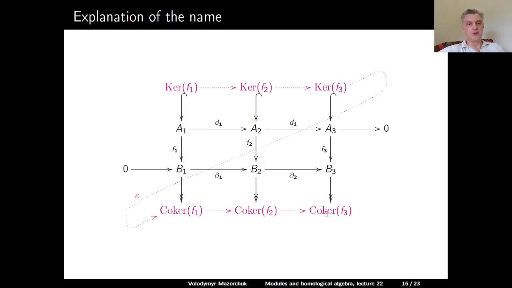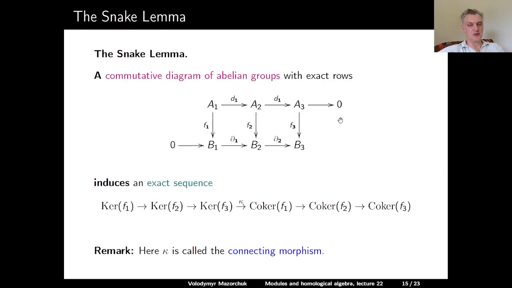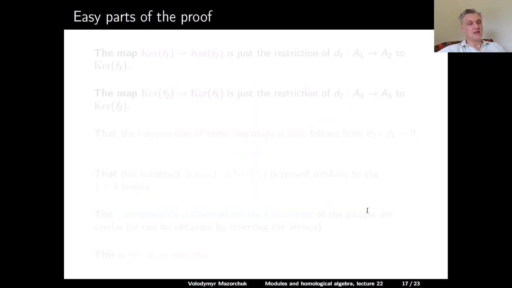So this is the reason why this is called the snake lemma. So we have such a long sequence with 6 terms, and the claim is that the sequence is exact in all 4 middle terms. Let us first talk about the easy part of the proof.